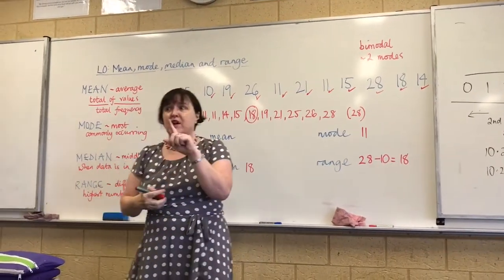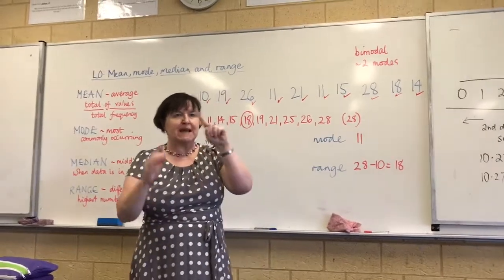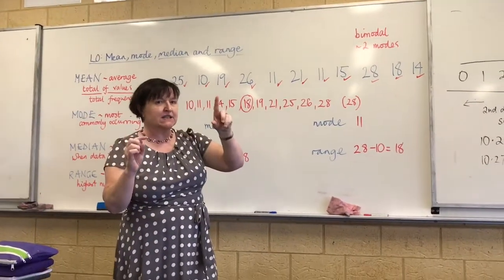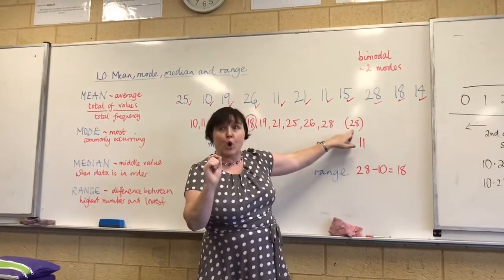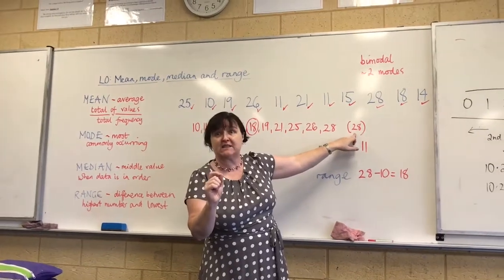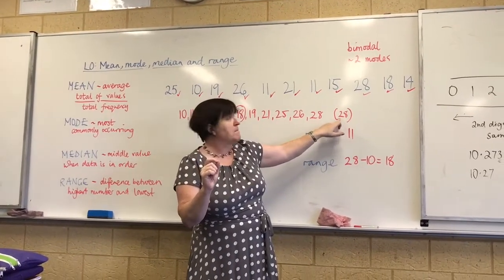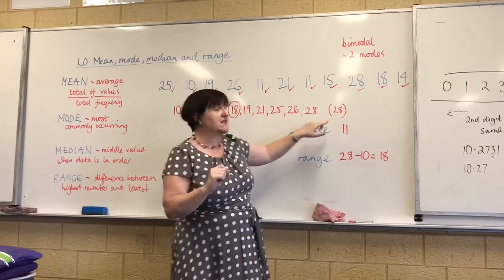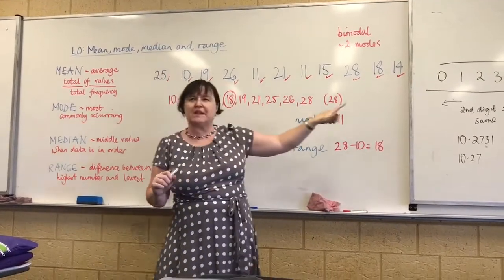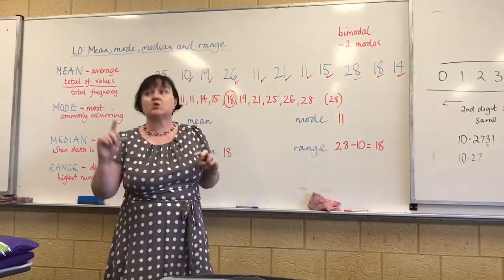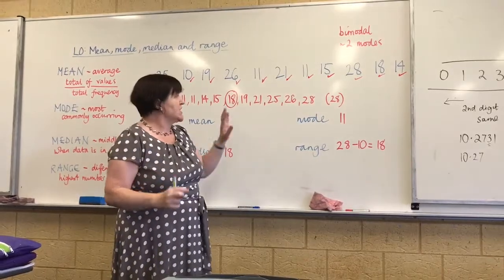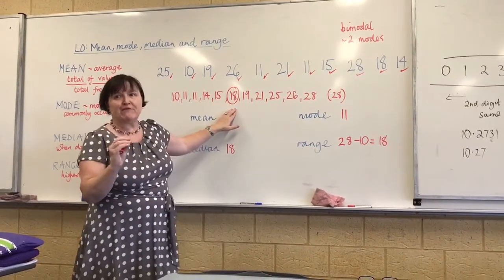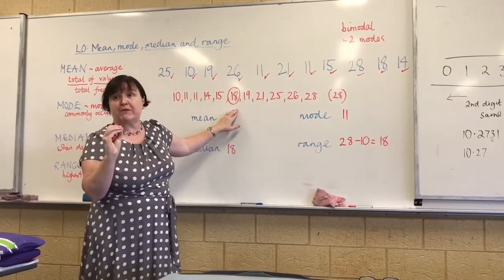Now, this isn't the median for this data set, but imagine that this 28 was part of the data set. How many values would there be then? 12, that's right. So here we've got 11 values, which is an odd number, isn't it?